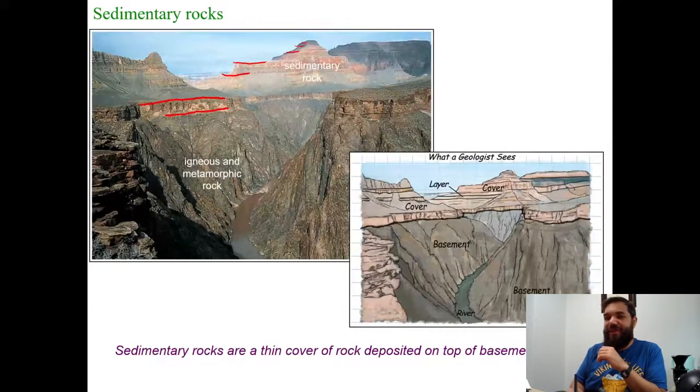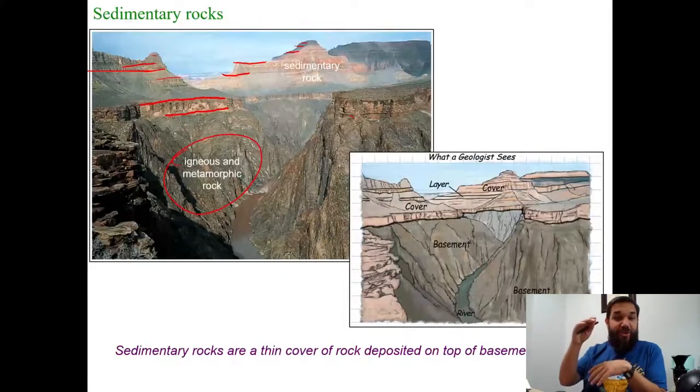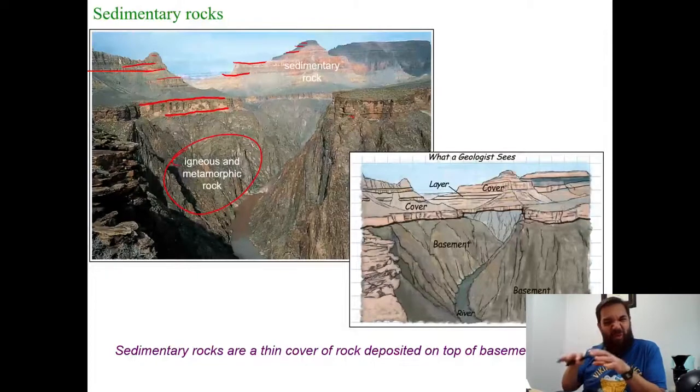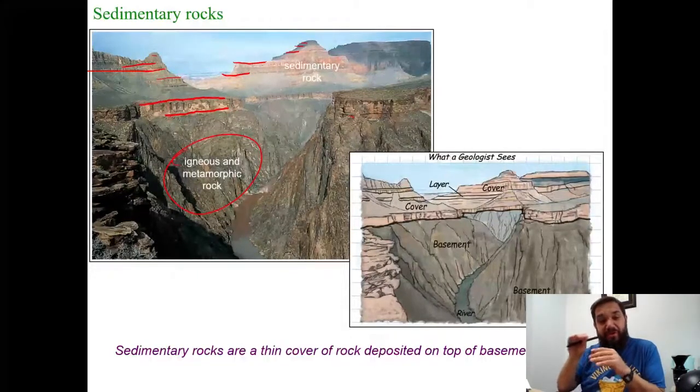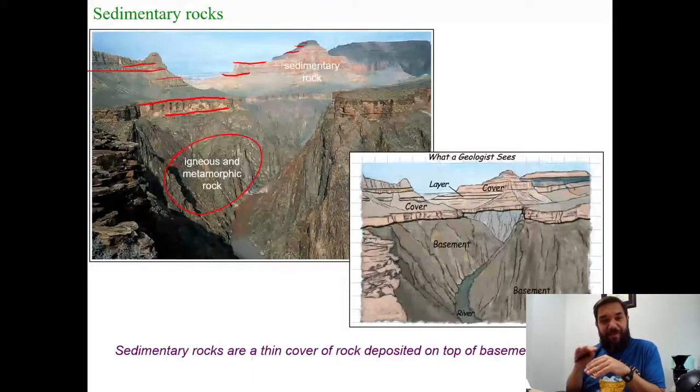If you ever go to a place like Sedona, Arizona, or the Grand Canyon, you can see these layers very dramatically. So you can see all the layers of sedimentary rocks that are sitting on top of igneous and metamorphic rocks. Okay, so usually the crust is composed largely of igneous and metamorphic rocks down below. But on the surface, you get a lot of sedimentary rocks that form in these layers on top, kind of like a skin of the Earth.